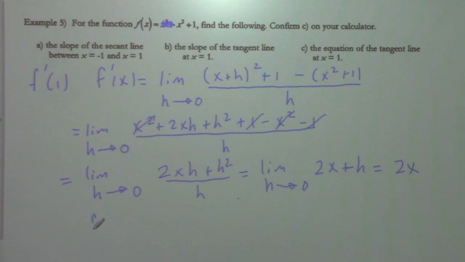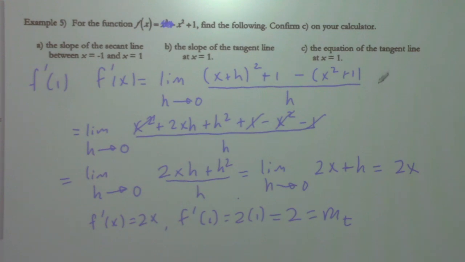So we say f prime of x is equal to 2x. So f prime of 1 is what? 2 times 1 equals 2. And that's going to be our m sub t.